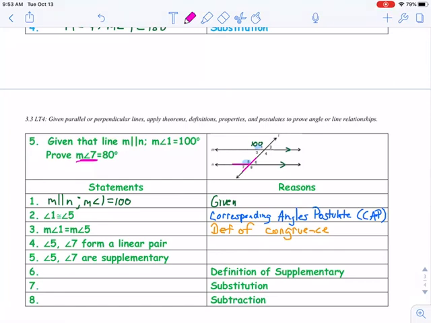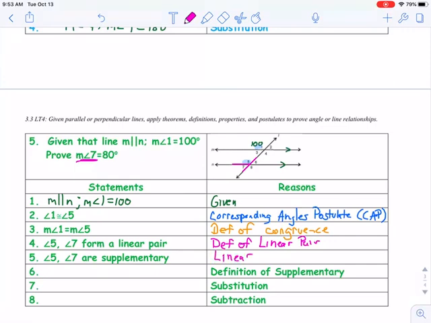So, I know that they form a linear pair by definition of linear pair. And then the linear pair postulate says that they're supplementary.